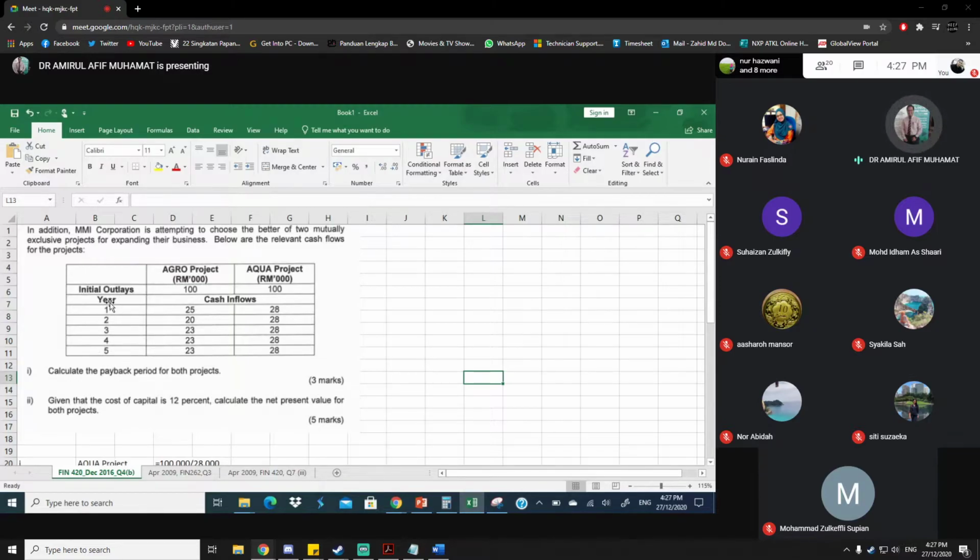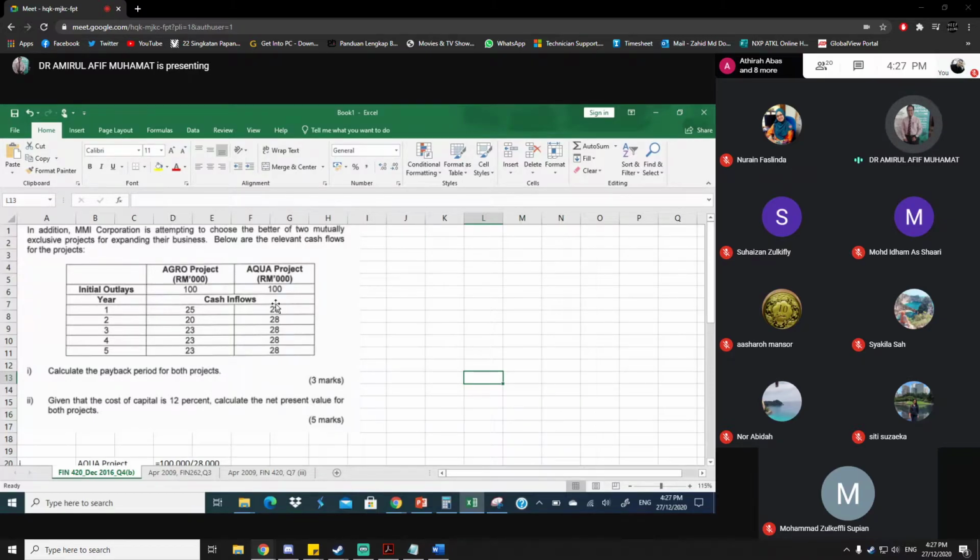Year one for the agro project is this amount. By looking at this, you know that it has mixed income, a mixed income stream or uneven cash income.